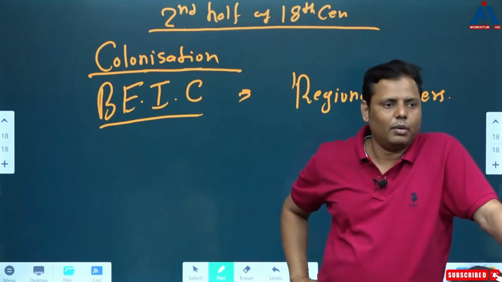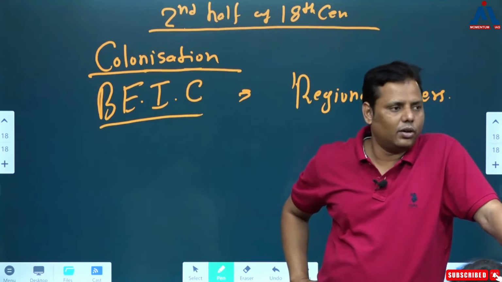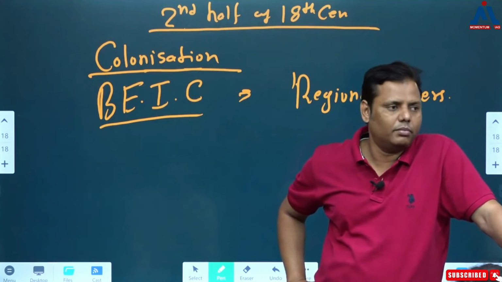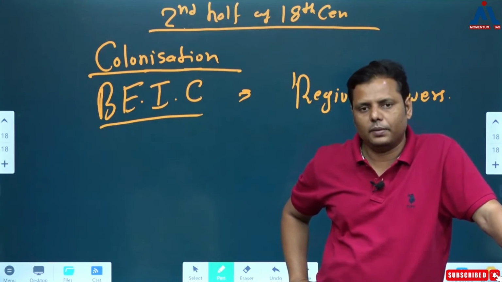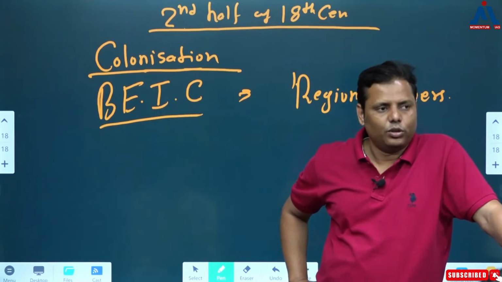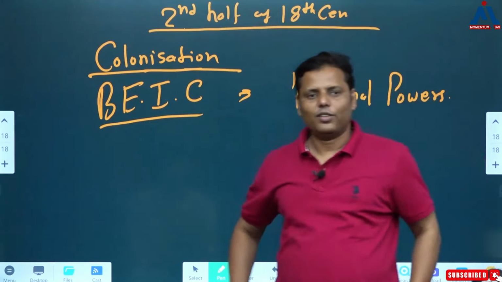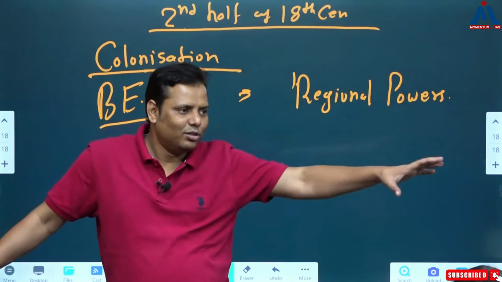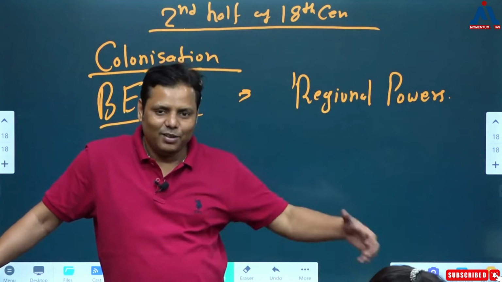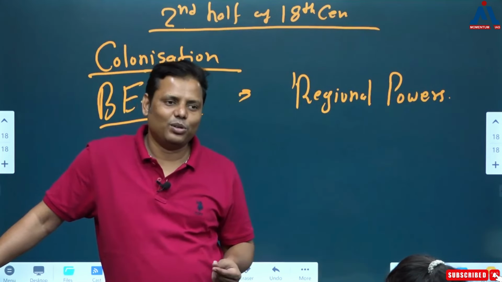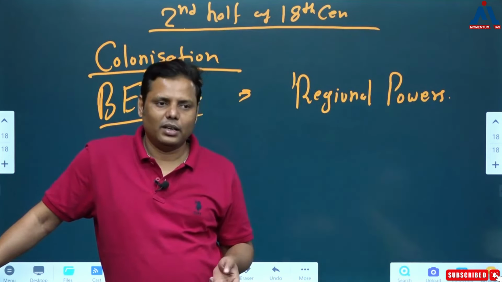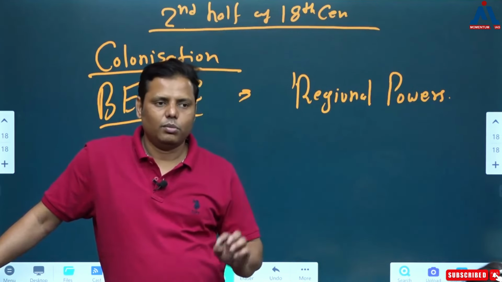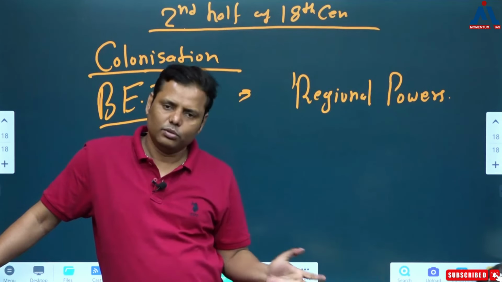But I will tell you to come to class tomorrow after reading the 18th century topic from the book of Bipin Chandra, because we're not going to study the stories here. There is a Murshid Quli Khan, then Alivardi Khan comes; read all this a bit, and then things will be fine for us. So 18th century is finished from the book of Bipin Chandra, and tomorrow we'll go for this kind of thing.